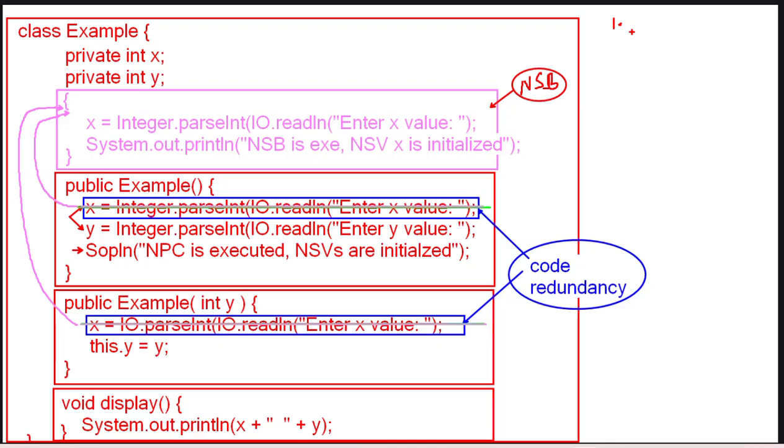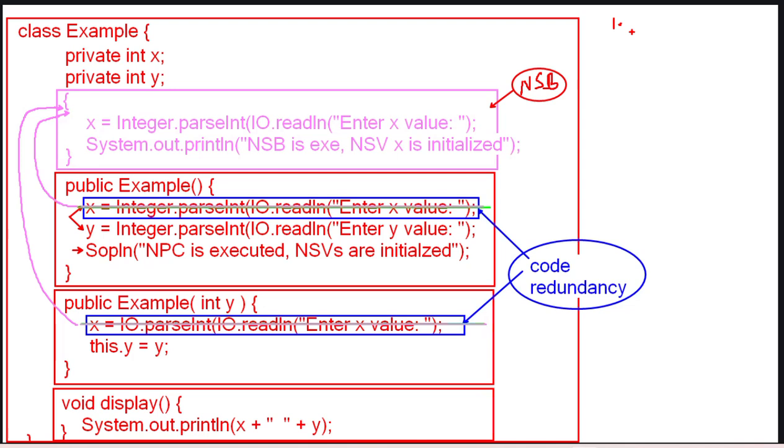Here only once means for all objects once, one object one time. Display method is executed for one object one time, as many times as you call. E1 dot display, n number of times you call, n number of times executed.